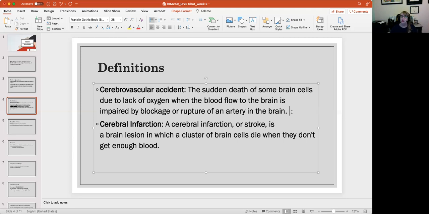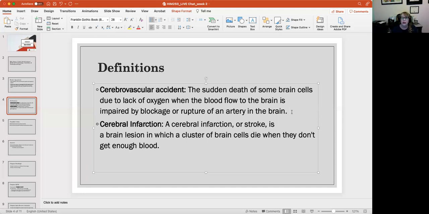Okay. So is a cerebrovascular accident always an infarction? Why would they have a different name for it? Okay. What it is, it's a different, detailed, specific explanation of what happened.